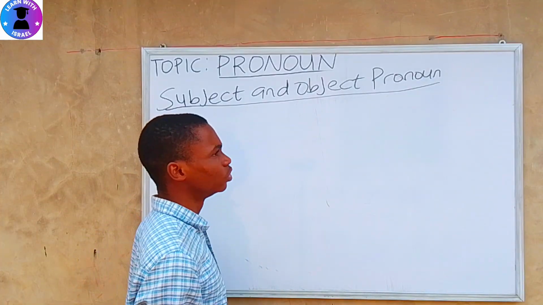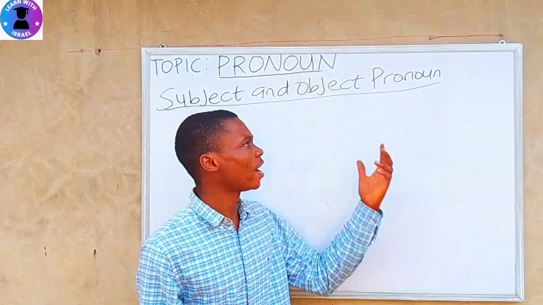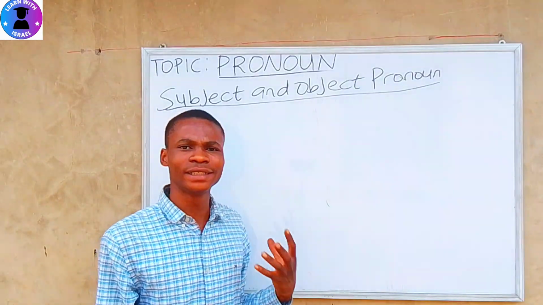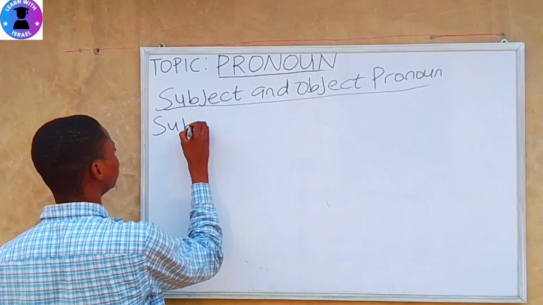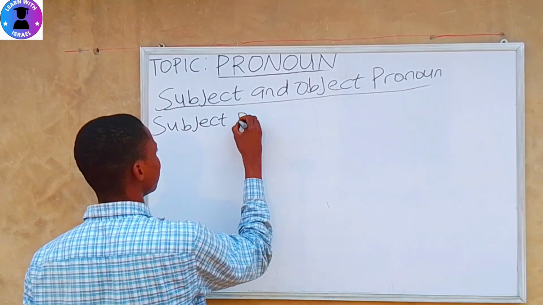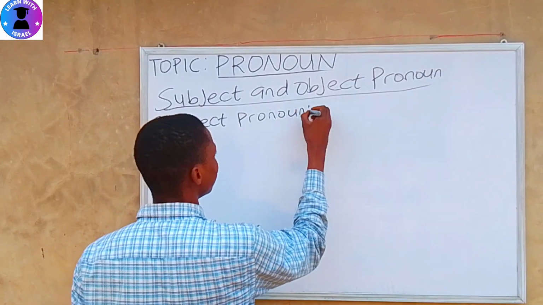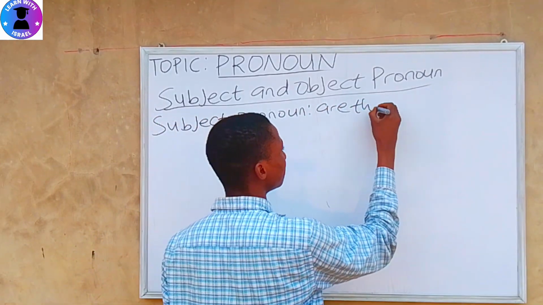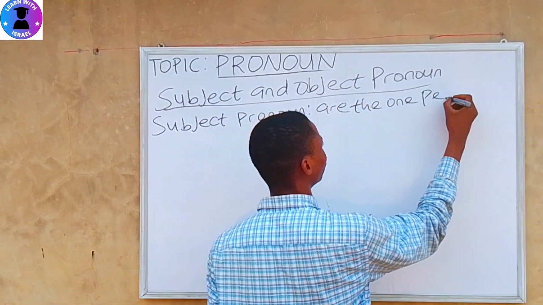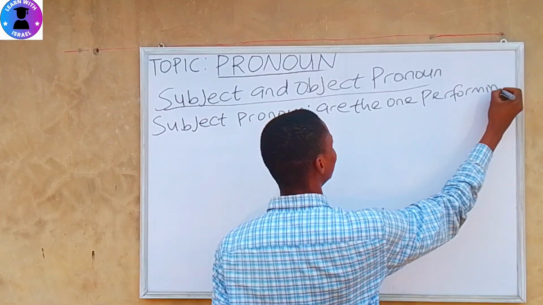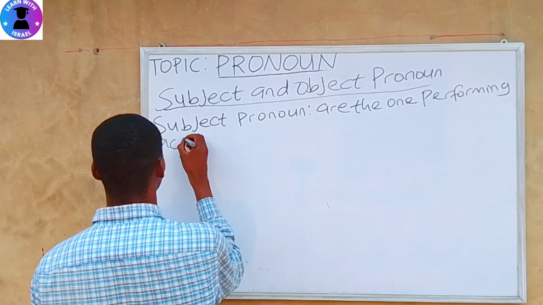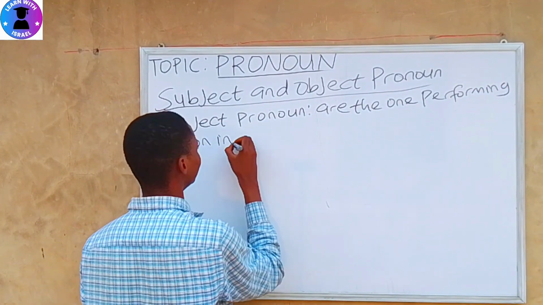Subjects are the ones doing the action, while objects are the ones receiving the action. So for those writing notes, subject pronouns are the ones performing action in a sentence.